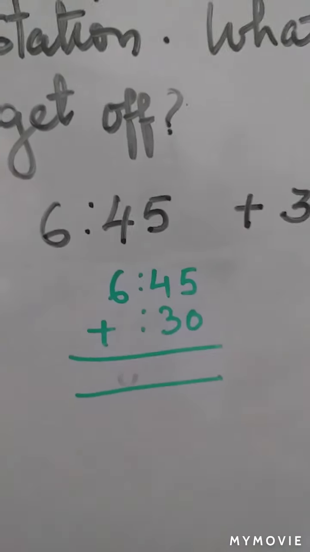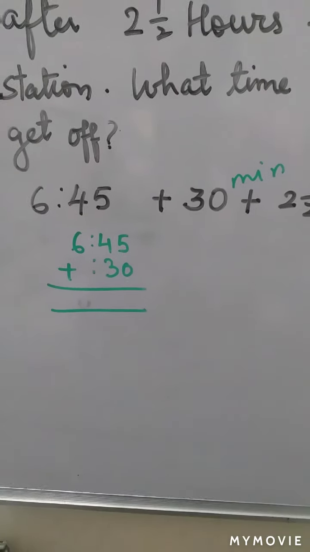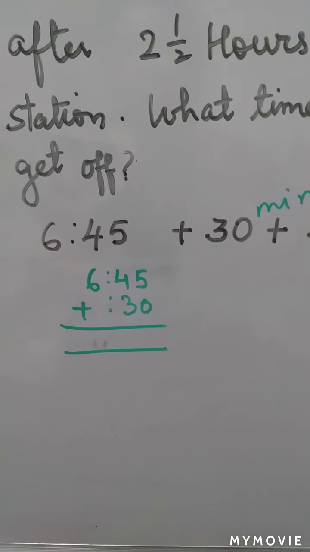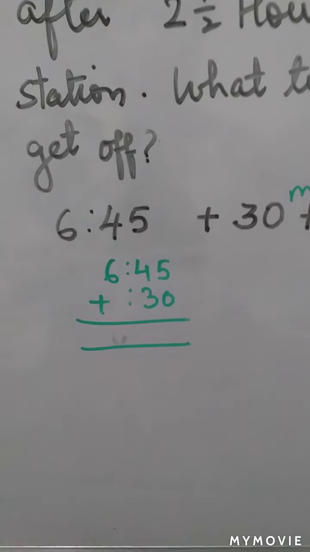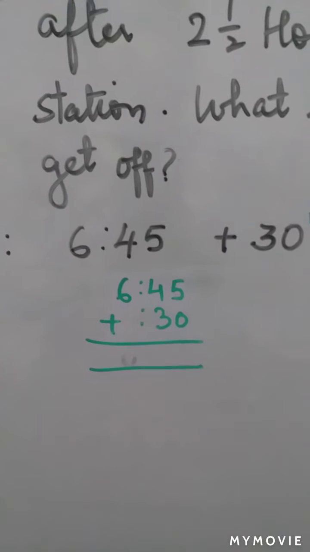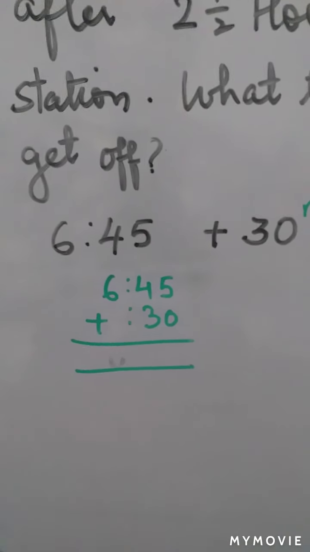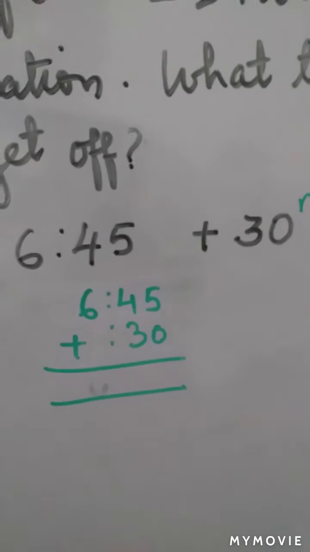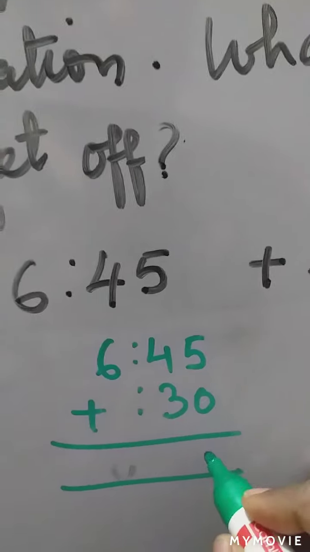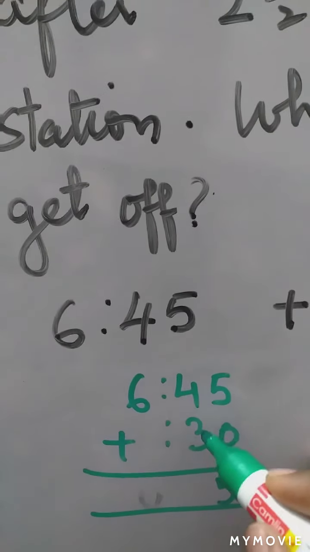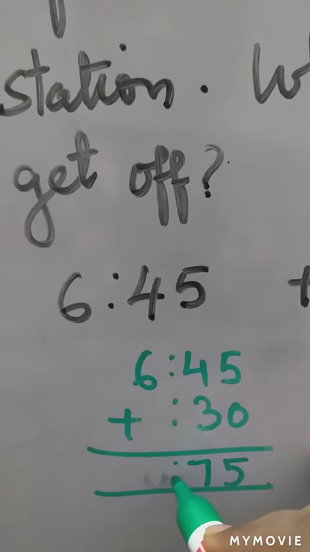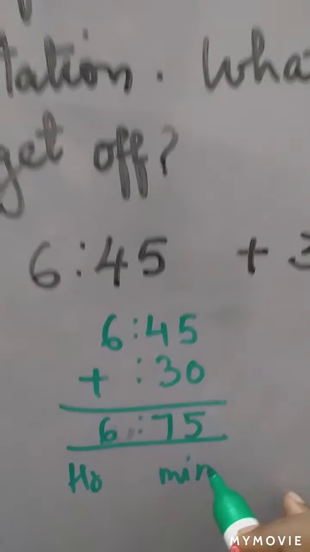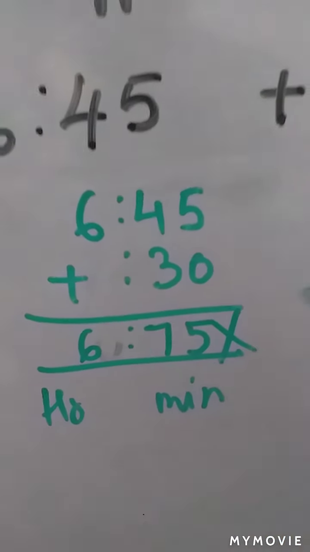So first we will calculate how much is 6:45 plus 30 minutes, because the train was supposed to come at the station at 6:45, but it was late by 30 minutes. We have already calculated that it is 7:15, but let's just add it so that you can understand better. Here 5 and 4 plus 3 will be 7, and here 6, but this is hours and minutes, and minutes cannot be 75.